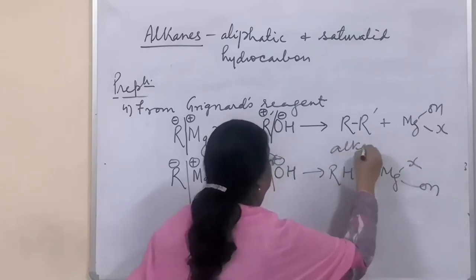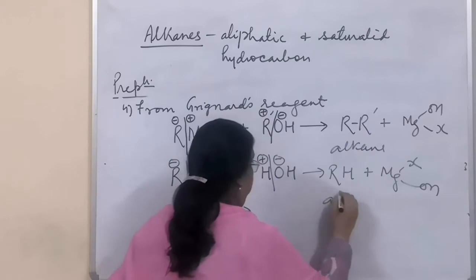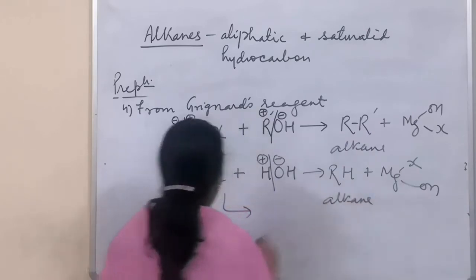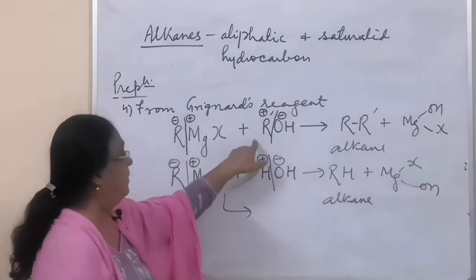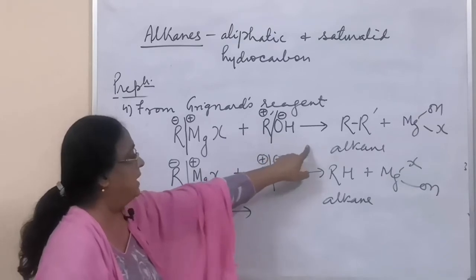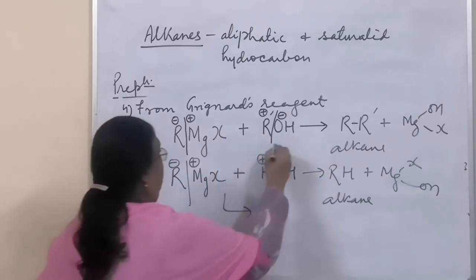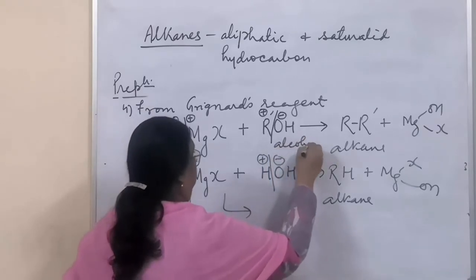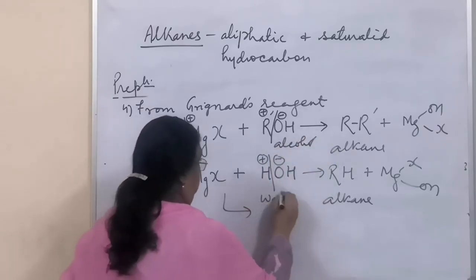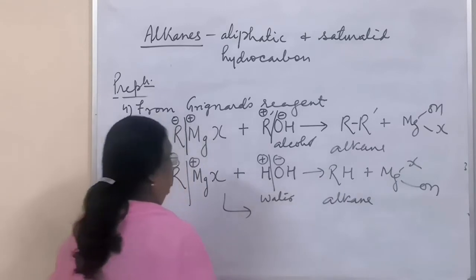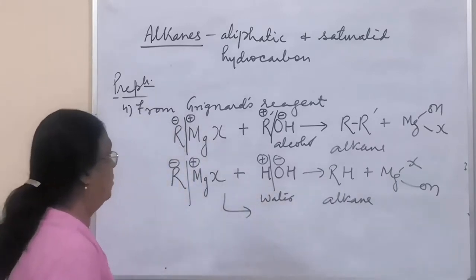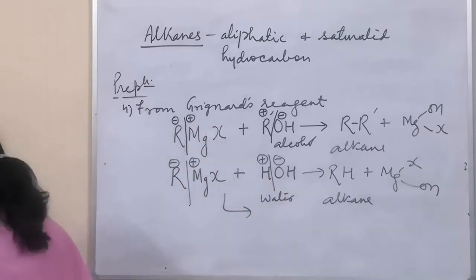This is alkane and this is also alkane. So from this you can prepare higher alkane but not methane from alcohol. This is alcohol. And when it reacts with water, we can get any alkane, even methane can also be obtained.